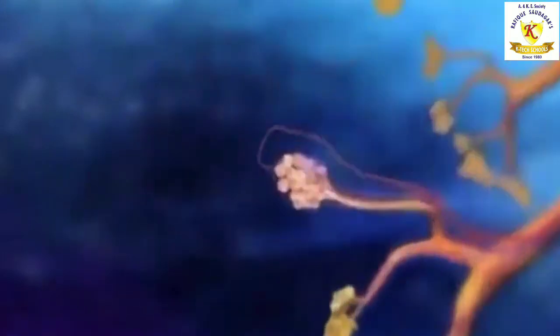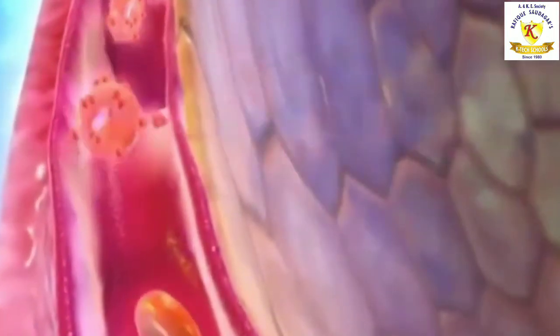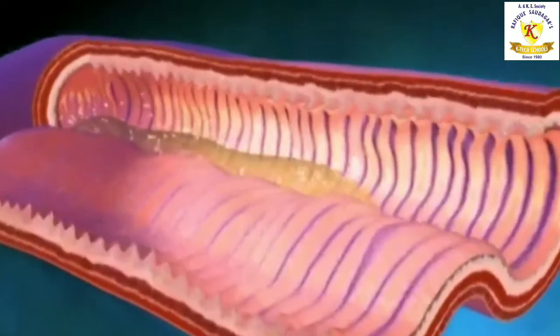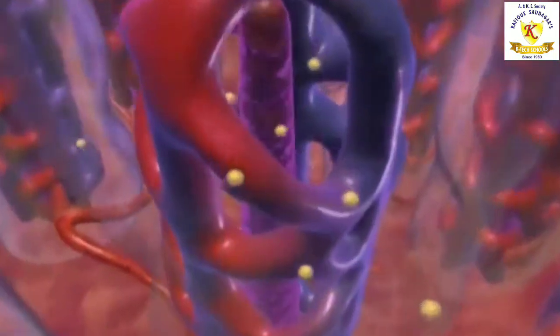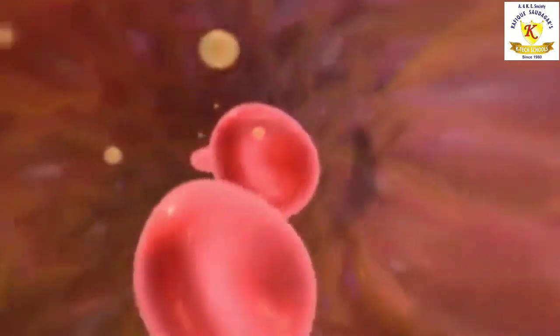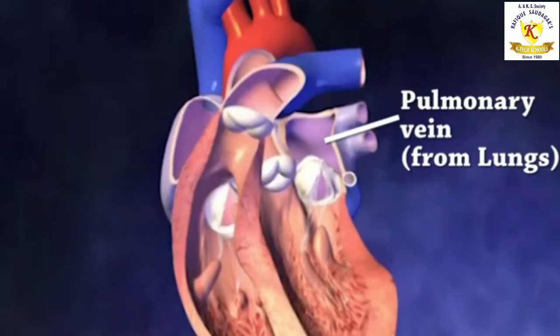Oxygen is filtered in the lungs and gets mixed with the blood, and nutrients from the small intestine get mixed in the bloodstream. Now, blood from the lungs, which is rich in oxygen and nutrients, enters the heart through the left atrium.